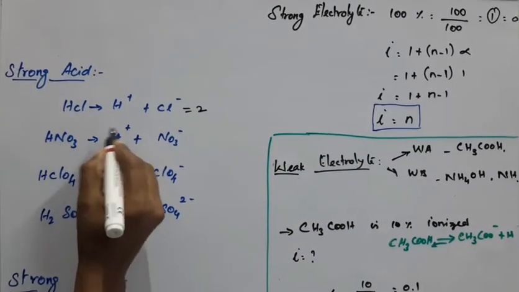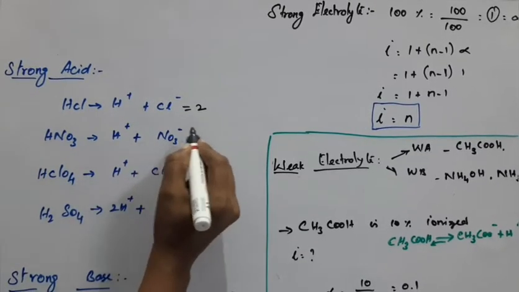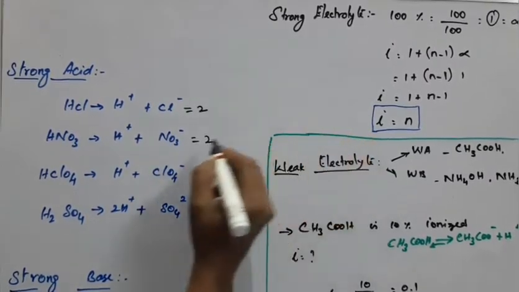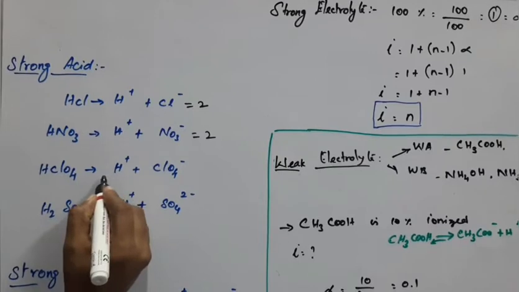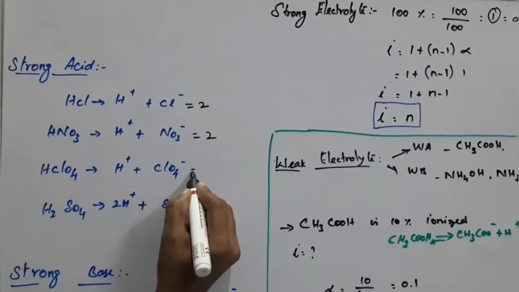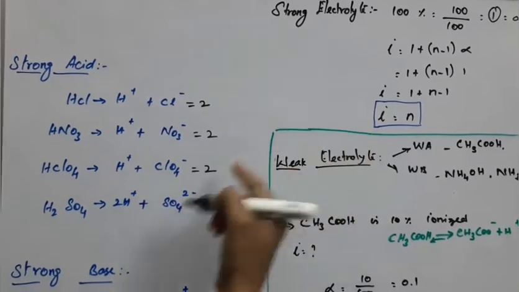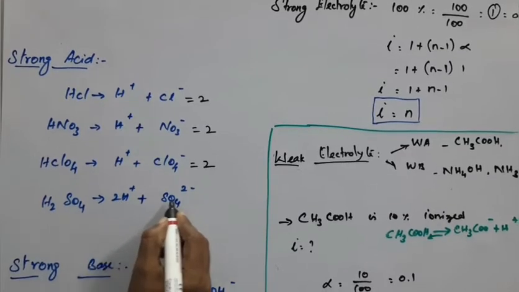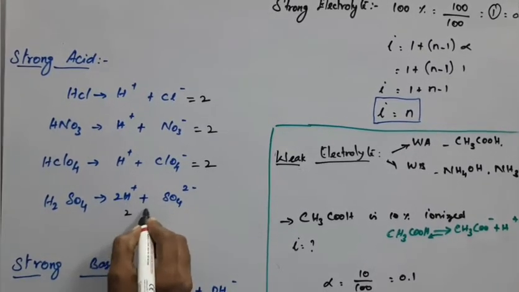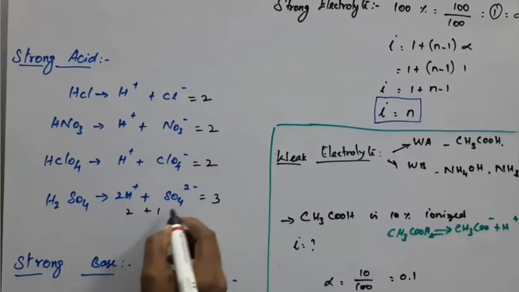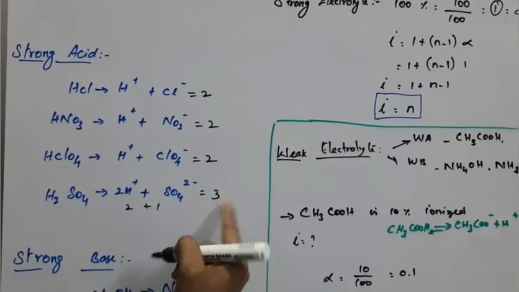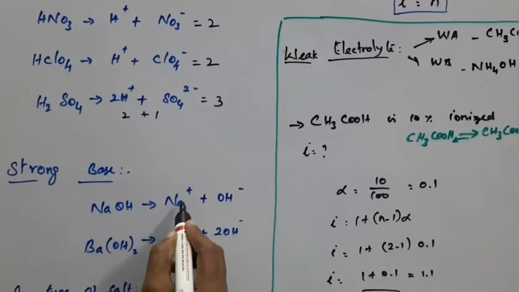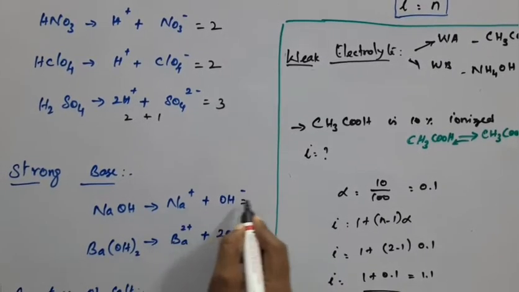HClO4 gives H+ and ClO4-, 1 plus 1, so n is 2 and i is also 2. For H2SO4, 2H+ and SO4 2-, that is 2 plus 1, which is 3, so n is 3 and i is also 3. For a strong base, sodium hydroxide dissociates to give Na+ and OH-, that is 1 plus 1, 2.